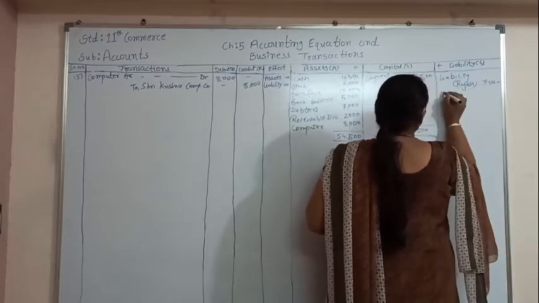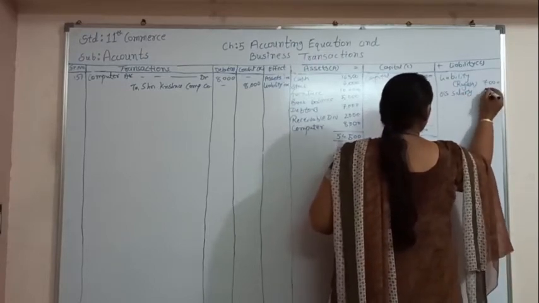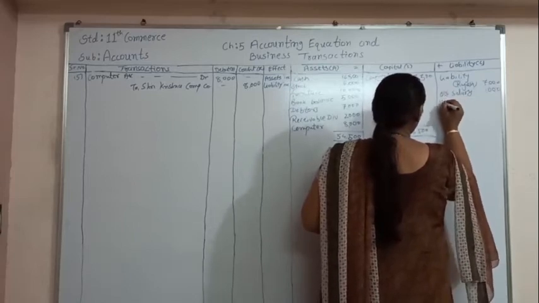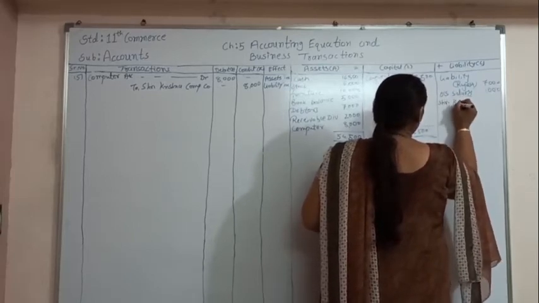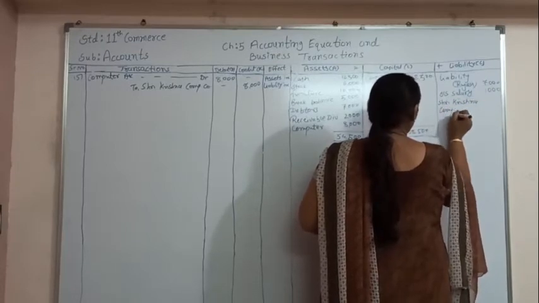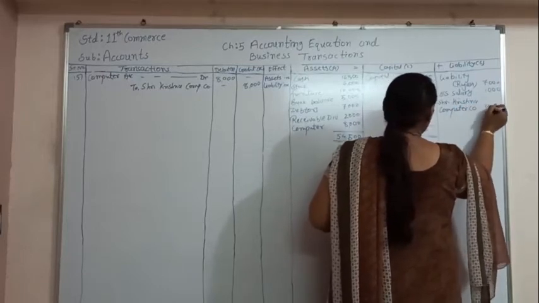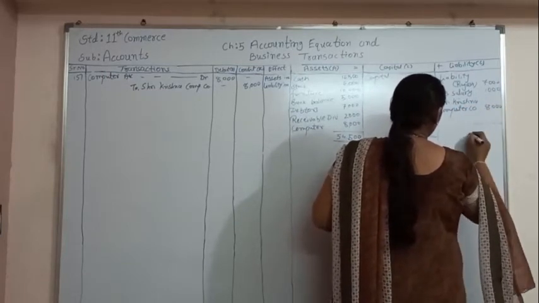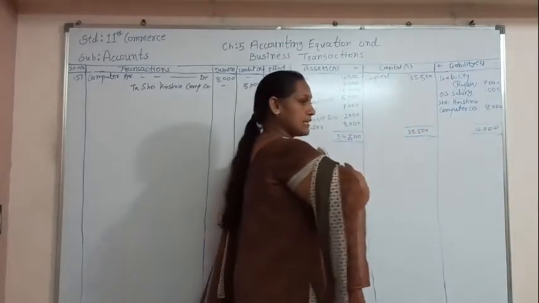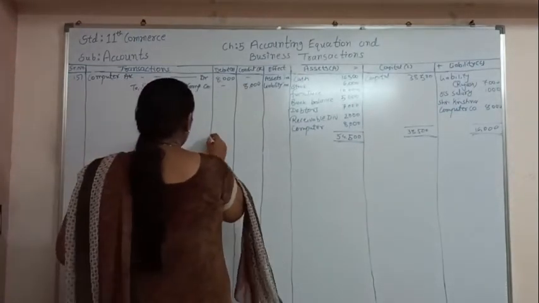Then outstanding salary is of rupees 1,000. Then Sri Krishna Computer Mart and it is 8,000. So total of liability will be 16,000. So that is the transaction. Now let's see the next transaction.